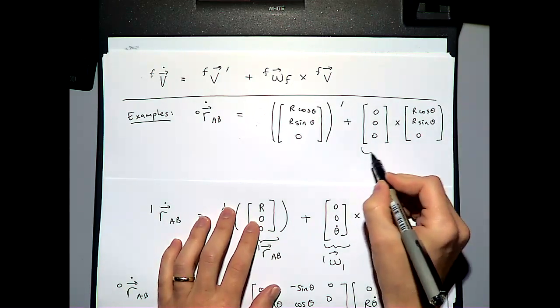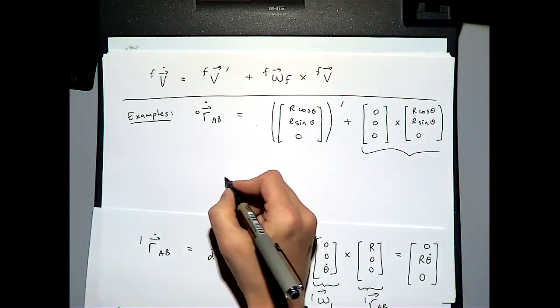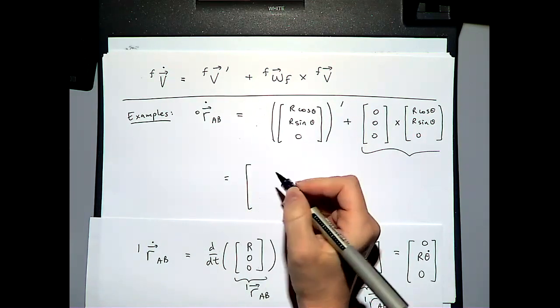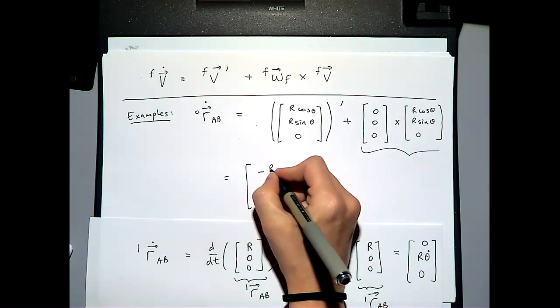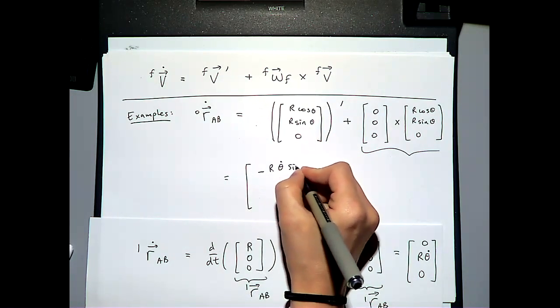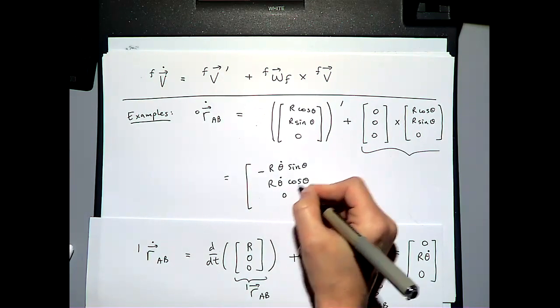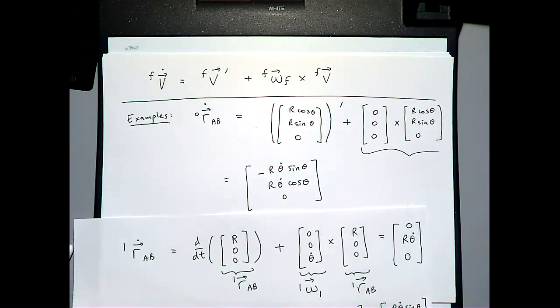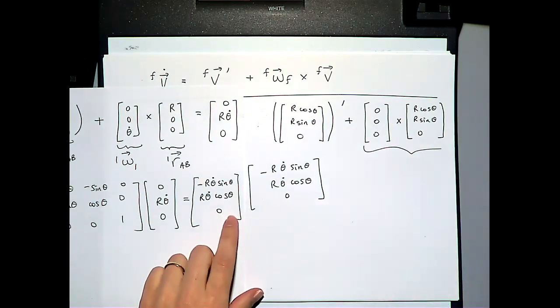Okay, so this one will obviously cancel, right? And so we need to take the term-by-term derivative of this one, component by component. So it's minus r theta dot sine theta, r theta dot cosine theta, and 0. Okay, just like this one, I hope.